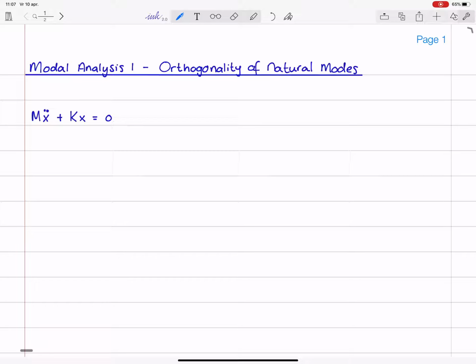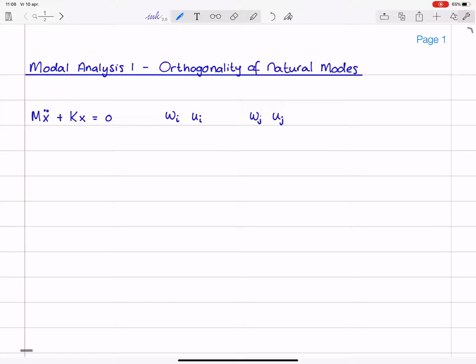And let me call them omega i and u_i for the first one I have selected, and omega j and u_j for the second one I have selected. So these are an arbitrary selection of two frequencies. Now, I will show you some of the properties that we can derive from this.